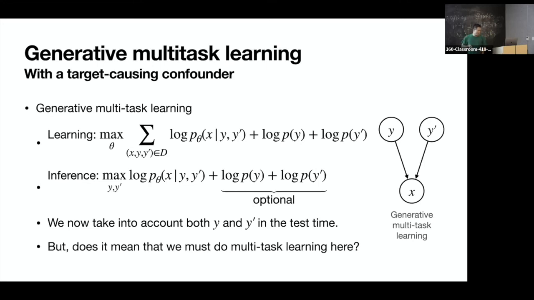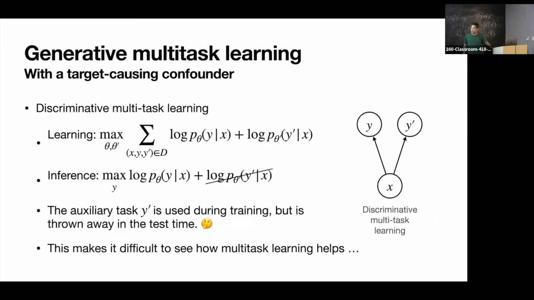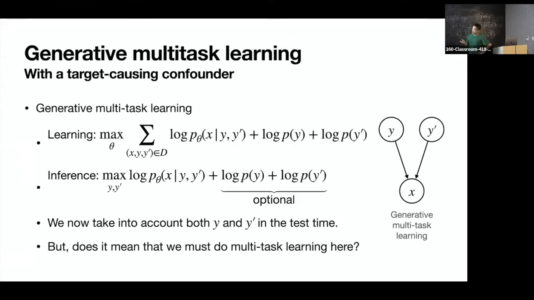That's slightly different from discriminative multitask learning, where at test time we threw away y prime. But in this generative multitask learning, we cannot throw away y prime anymore at test time, because the objective function that we try to maximize during inference is a function of both y and y prime.